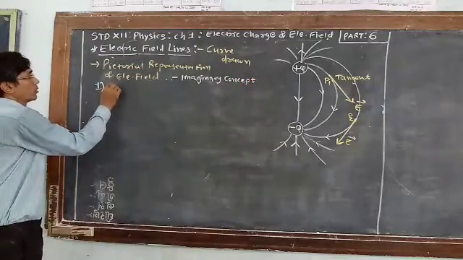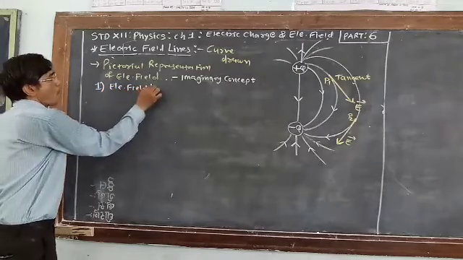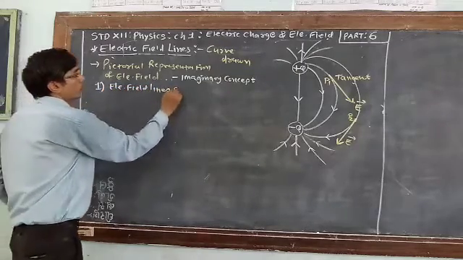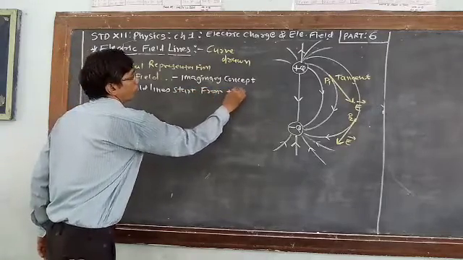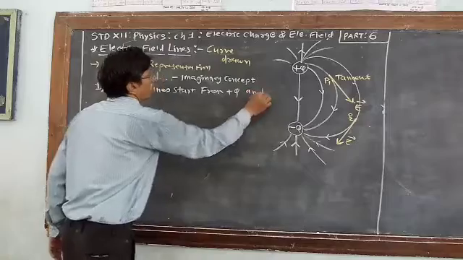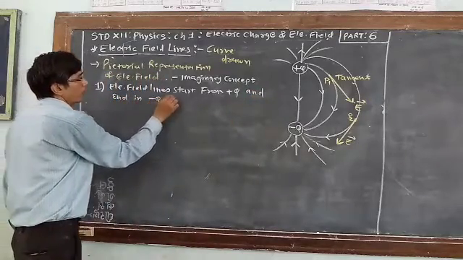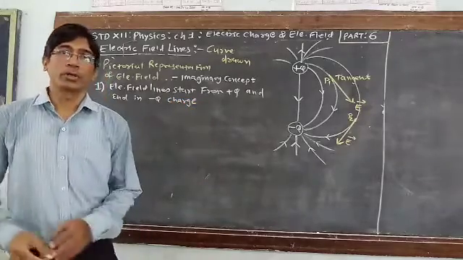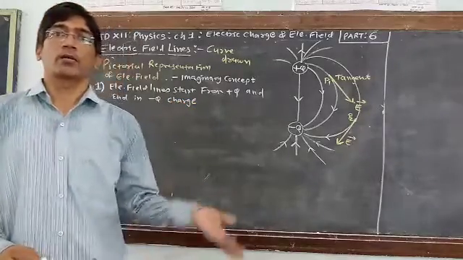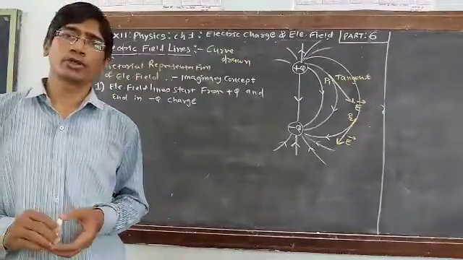Electric field lines start from positive Q charge and end in minus Q charge. So electric field lines are coming out from the positive Q charge and enter into the minus Q charge.